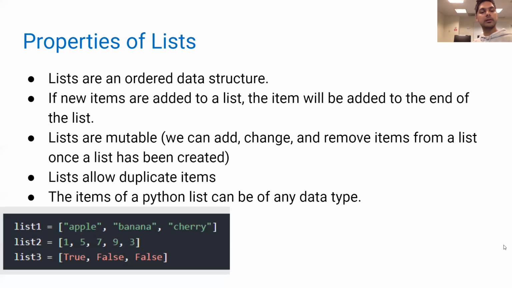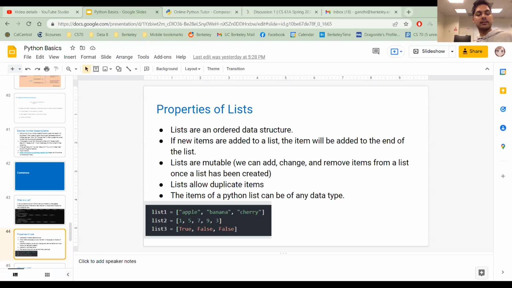So yeah, lists are ordered. If new items are added to a list, the item will be added to the end of the list. And how do we add something? We created a list, right? I guess there are 2 ways to do it.